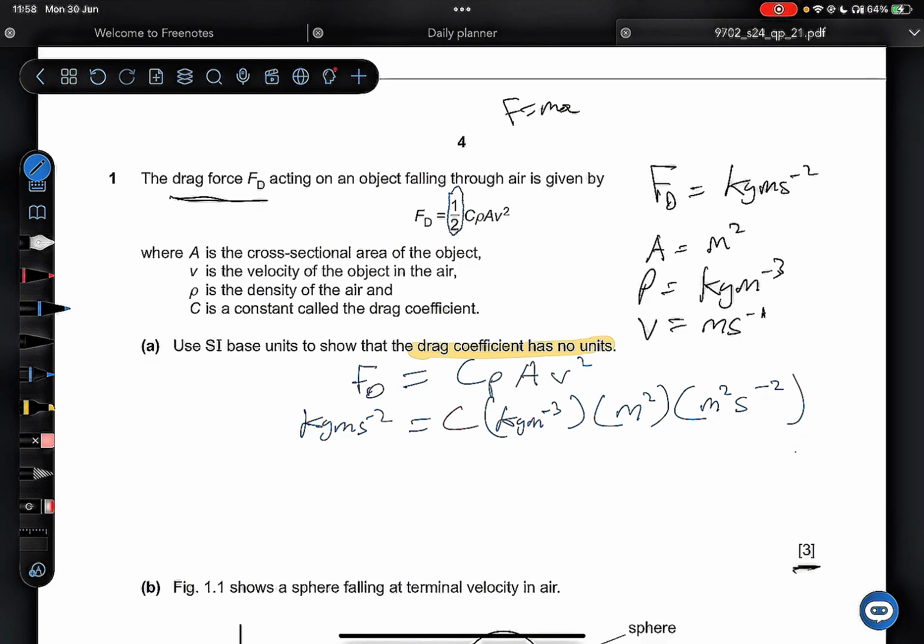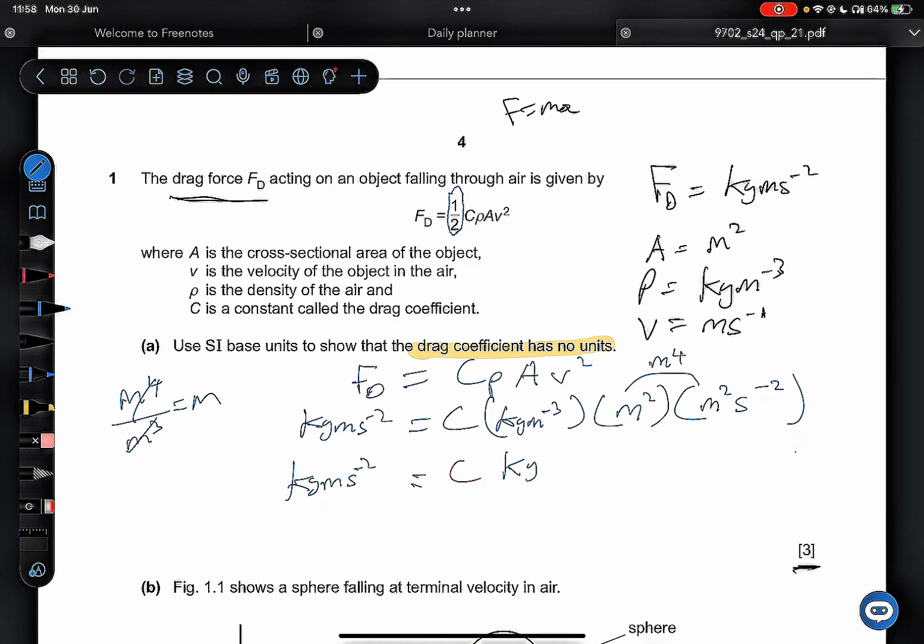Good. Now we can consolidate both sides. kg m s minus 2 on the left. On the right, kg has nothing to cancel with, so we keep kg. Then m minus 3 and m squared, with m squared, basically turns into m to the 4 over m cubed, so you'll be left with an m.